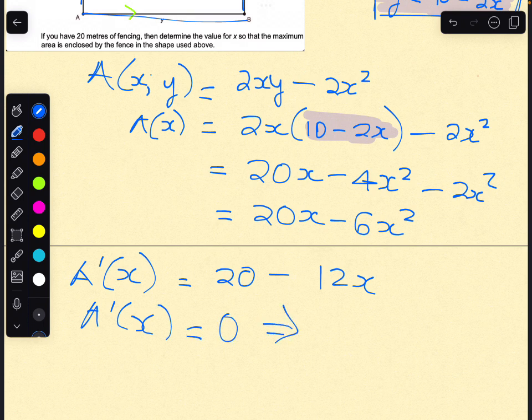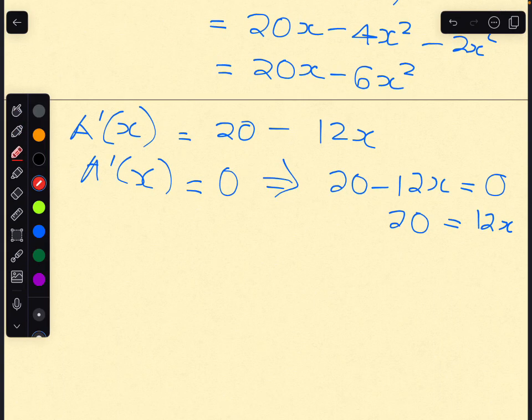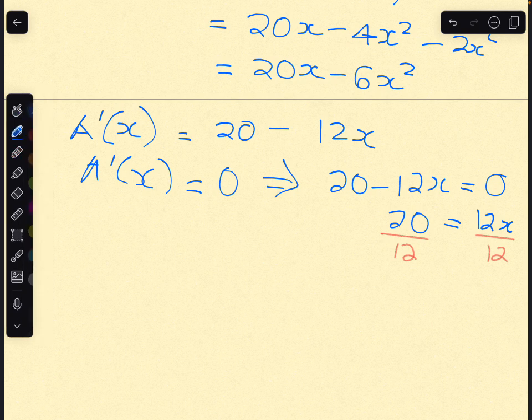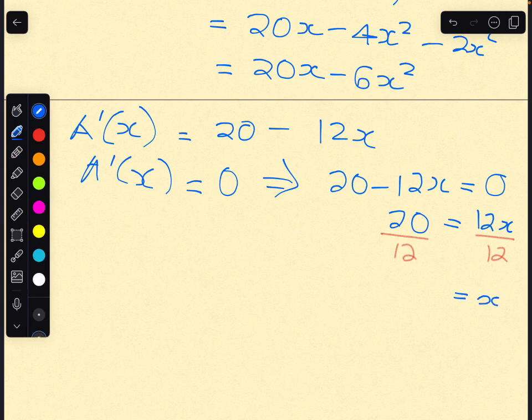When is it equal to 0? So we are solving 20 minus 12x is equal to 0. 20 is equal to 12x, and then we divide by 12. So that simplifies to 5/3, and that is in fact the correct answer.